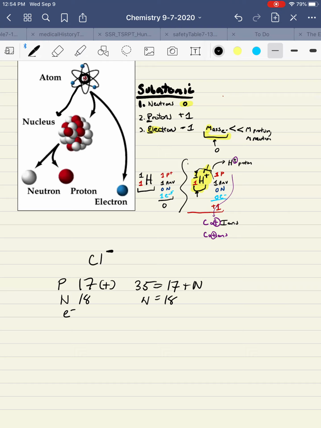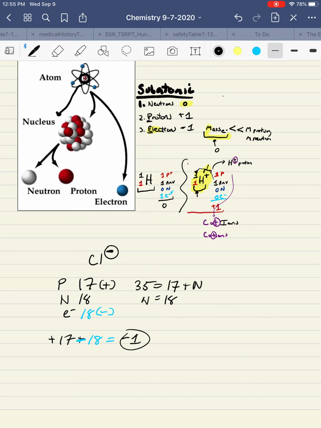So by definition, it's going to be 18 electrons. Does that make sense? Because 17 minus 18 is equal to negative 1.